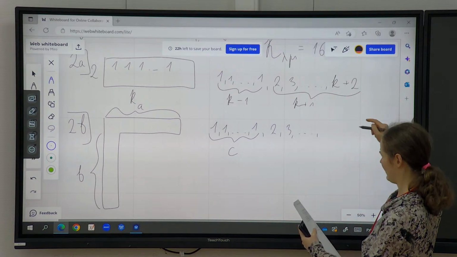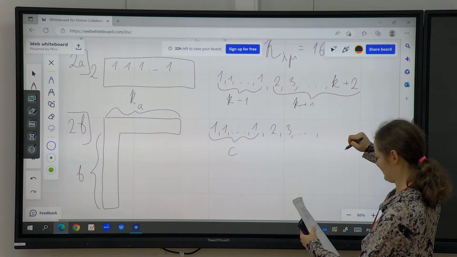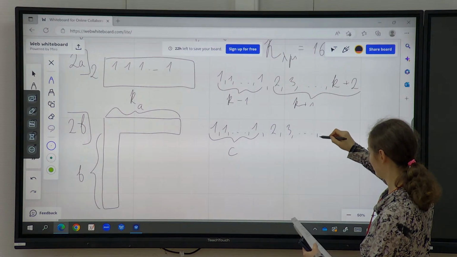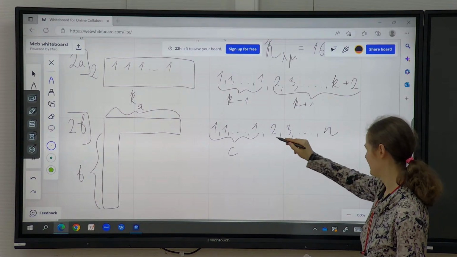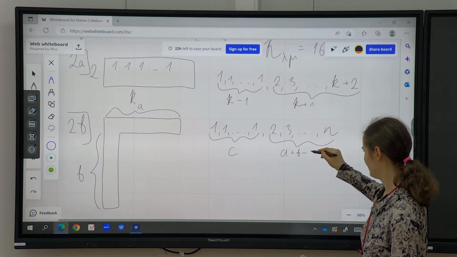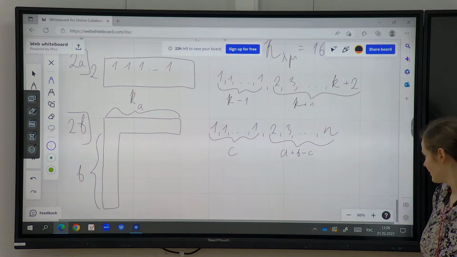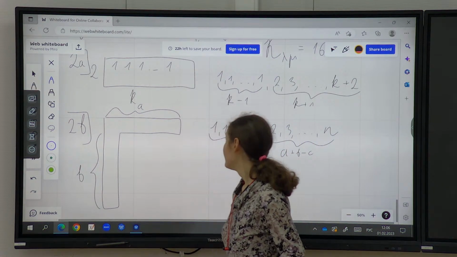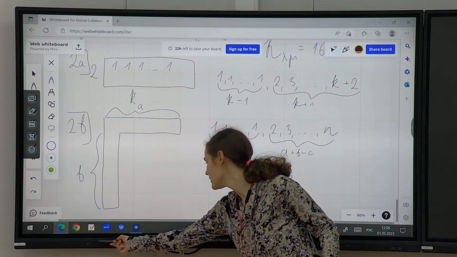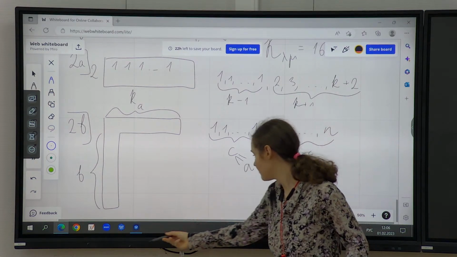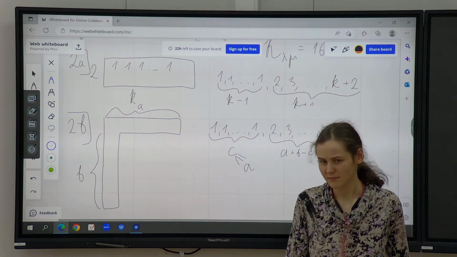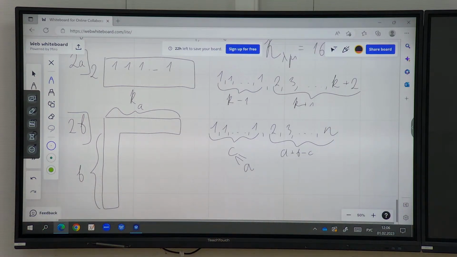So A plus B minus C. No. Okay, some M. Yeah, see, it's less equal to M. Ну да, тут какие-то номинальные коэффициенты получаются.